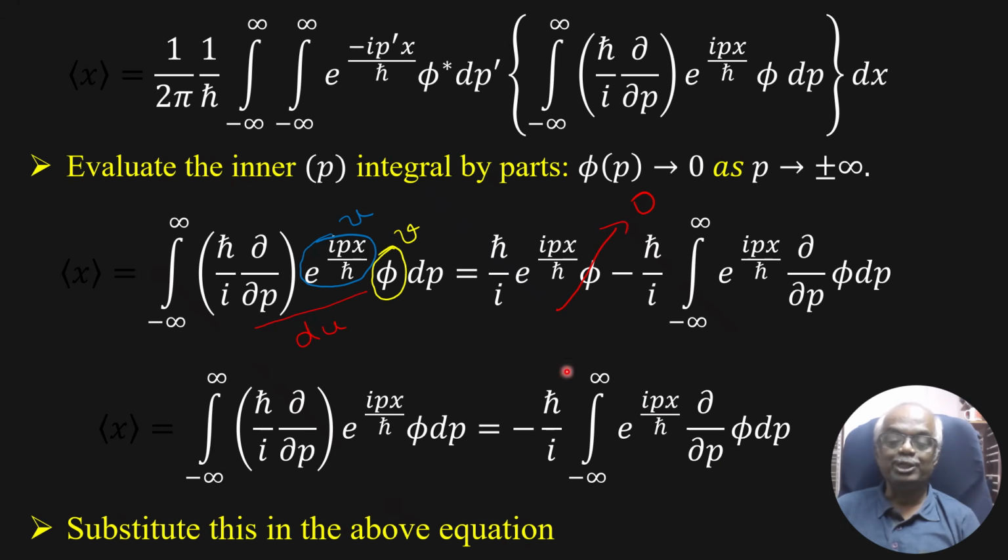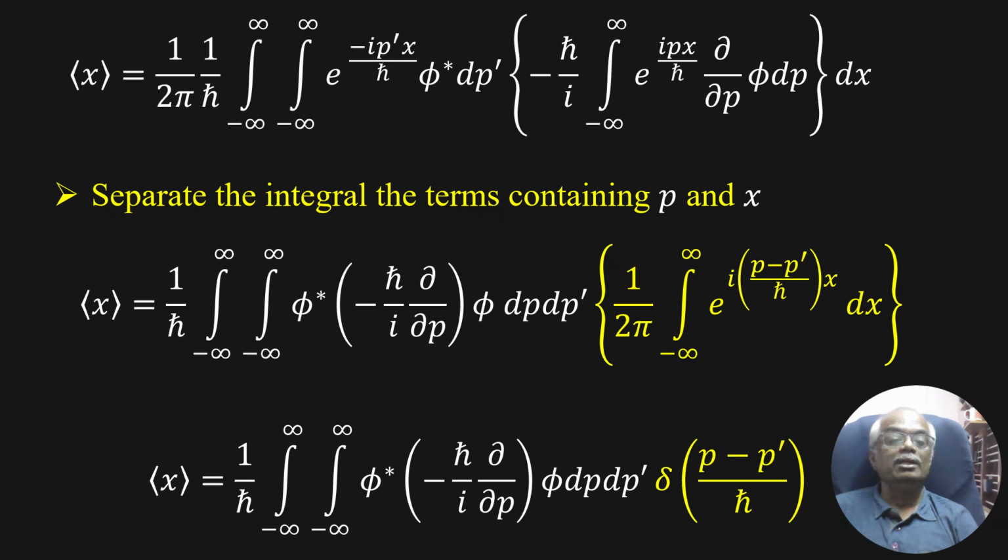Now you substitute the value of this integral here, then we will see what will happen. Now we got this integral. We have to separate the terms containing p and x. So x comes in the exponential term only.